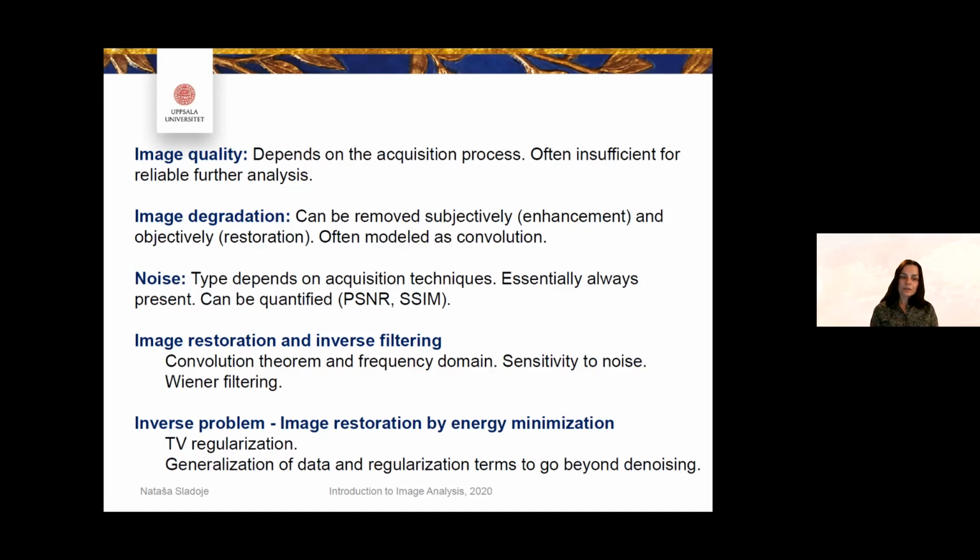The alternative is then to formulate restoration as an inverse problem and to address it via energy minimization, which then means that we are iteratively trying to improve our guess of the original image that would, if put through the degradation process, the forward process, as we say, give an identical or very close result to the observed image, which is the only one that we have and look at.